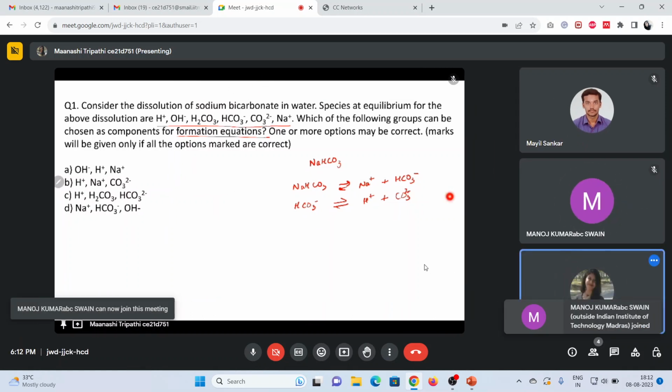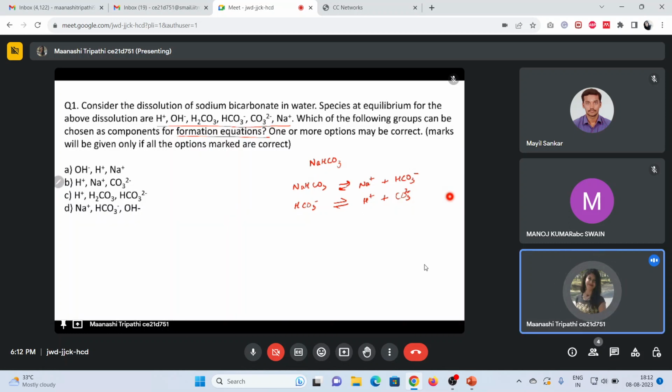So this is how it is dissociating, and these are the given species. Now we need to formulate the formation equations. Please try to solve this question. We will see the solution in a minute.